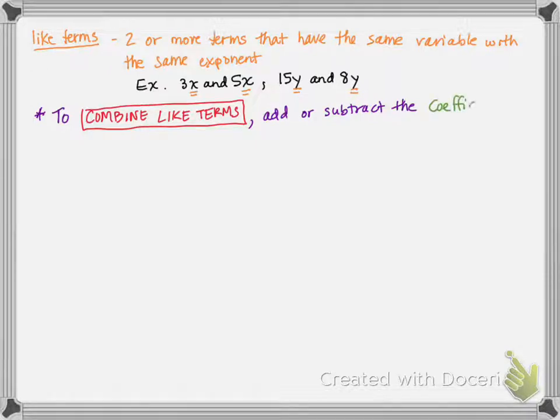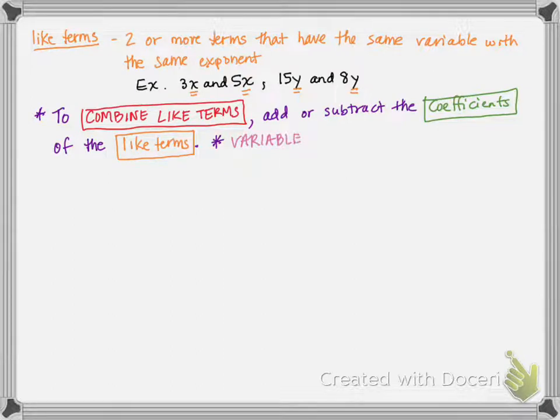Coefficients of the like terms. Okay, so the variables are not going to change, okay? So I'm going to write that. And I'm going to show you how this is related to the distributive property in just a minute.